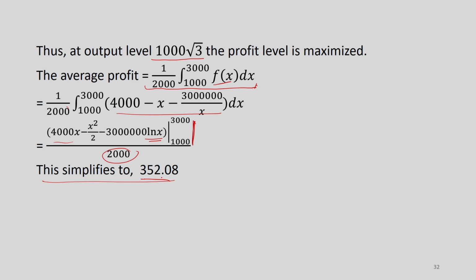I have not shown this in the slide itself. It is a tedious mathematical procedure. So, at the end of the day, I am going to get 352.08. So, this is the average profit of the firm in reality. This may not be equal to the maximized profit, mind you.